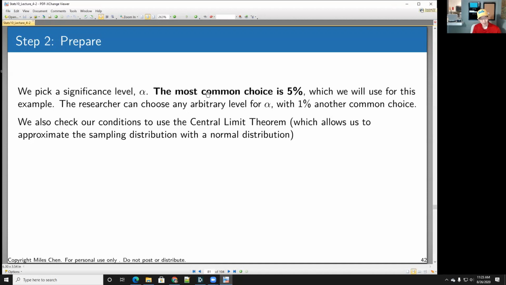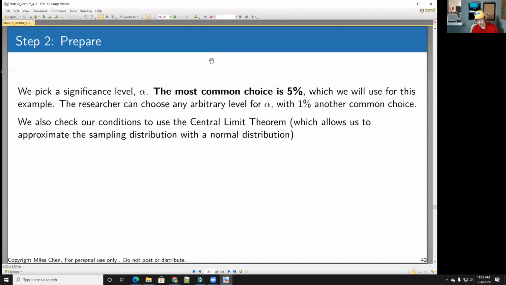Depending on how confident you want to be, you can choose alpha equal to 1%. That's also a common choice, a more cautious approach if you have a lower alpha. In some cases you could choose an alpha greater than 5%, but it's fairly rare.